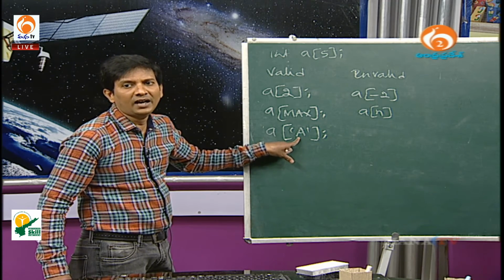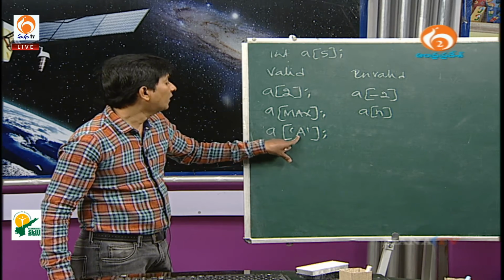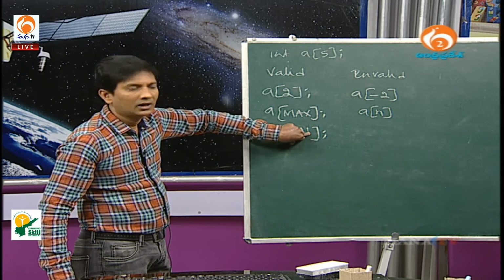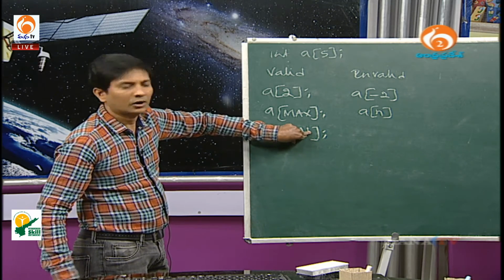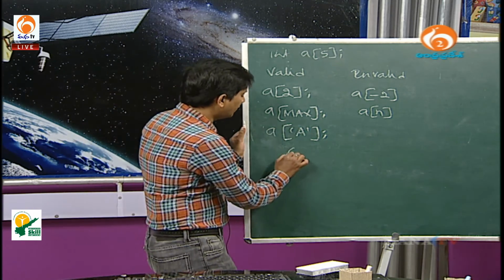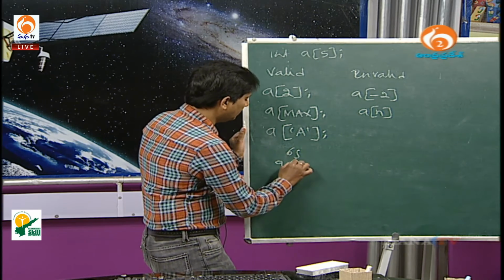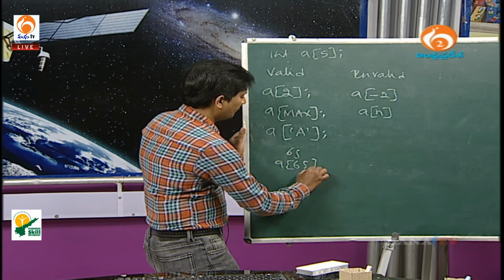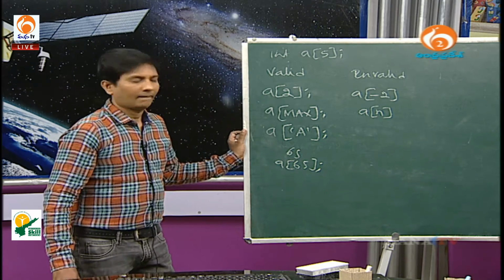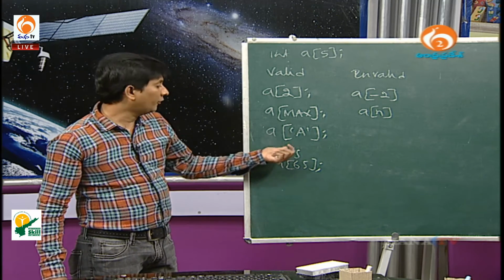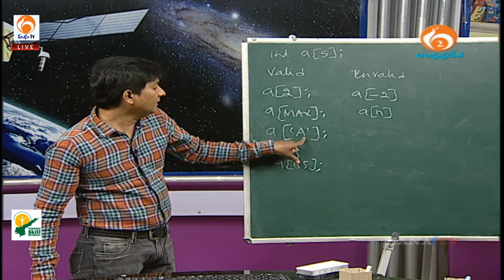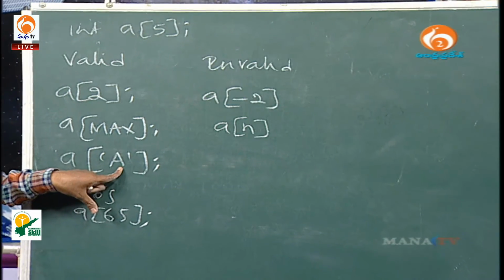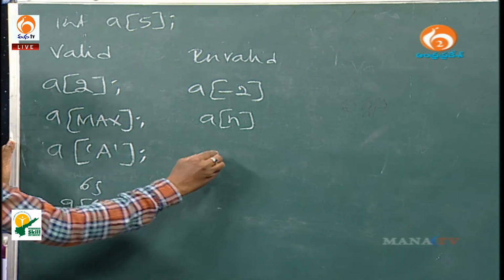The ASCII value of 'A' means one fixed integer value can be placed here. If the ASCII value of A is 65, then 65 is placed here, an integer value.